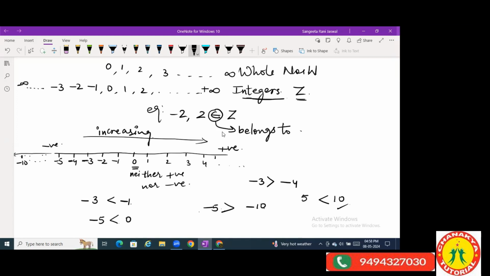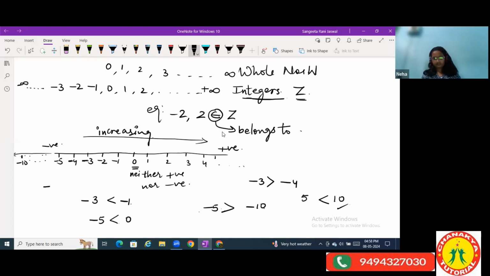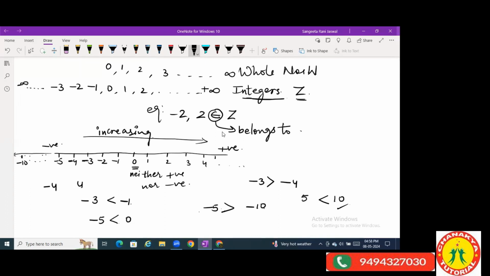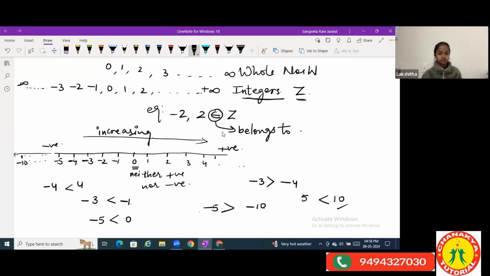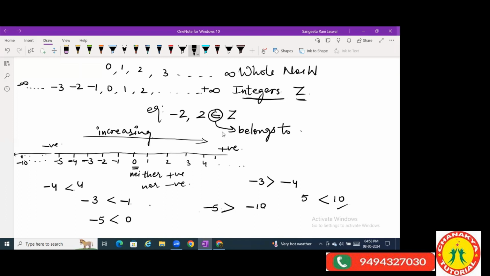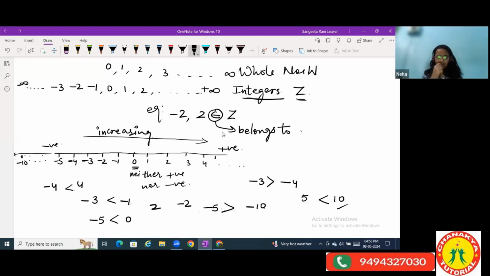Now one more. Lakshita, you tell me, minus 4 and 4. 4 is greater. Neha, 2 and minus 2, which number is greater? Positive 2 is greater.